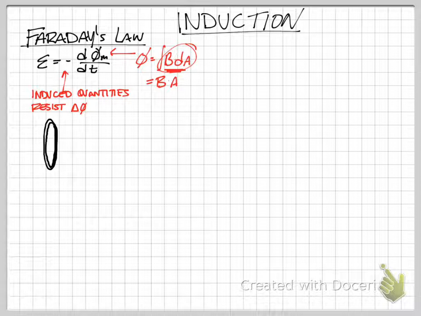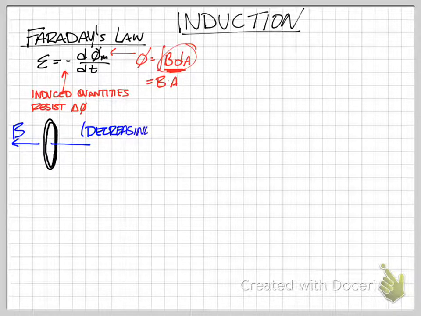And we'll say that this loop of wire has a magnetic field going through it that's pointing in this direction, and let's say that magnetic field is decreasing. If that magnetic field is decreasing, then the change in flux over the change in time is going to be in the opposite direction of the magnetic field.